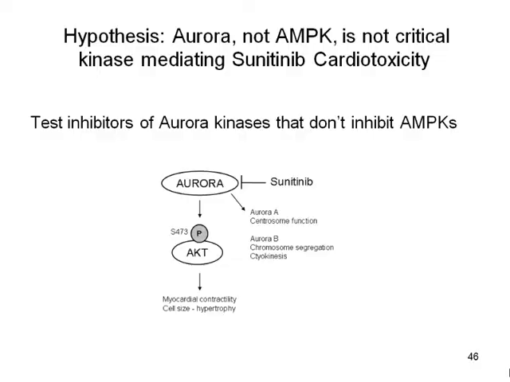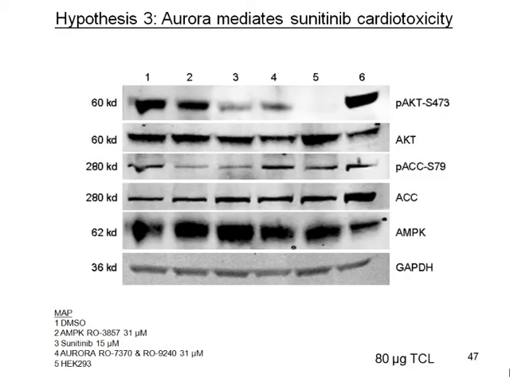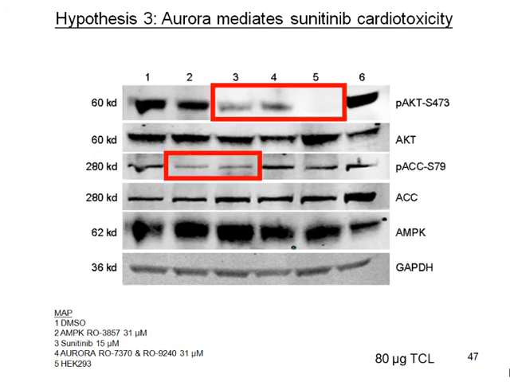So Aurora is involved in mitotic spindle formation, centrosome function, as well as cytokinesis. But in the literature, it also suggests that Aurora can phosphorylate AKT, which can modulate myocardial contractility as well as hypertrophy. So by Western blot, I just wanted to confirm that this signaling might actually be occurring.